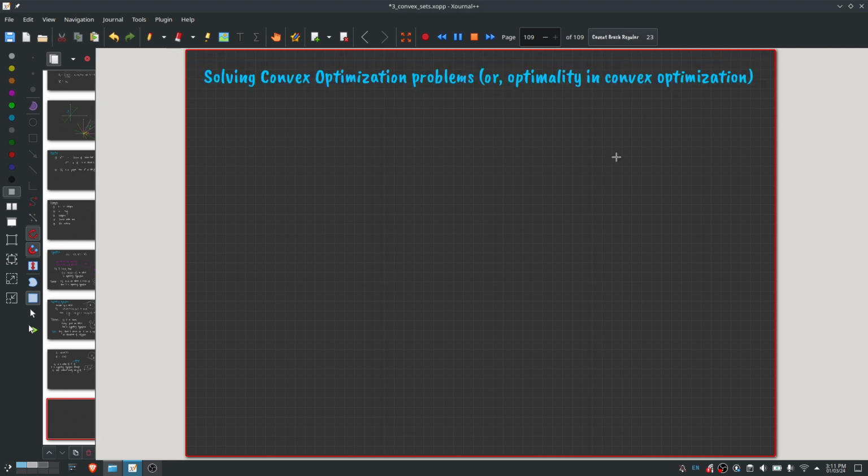So in order to study this, we'll look at the class of problems, convex or not, which can be expressed in the following form. So consider any optimization problem of the form: you want to minimize some function f0 of x subject to the constraints that, let's say, fi of x is less than or equal to 0 for i equal to 1, 2, 3 up to m.